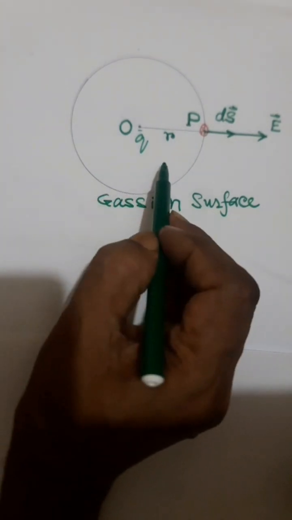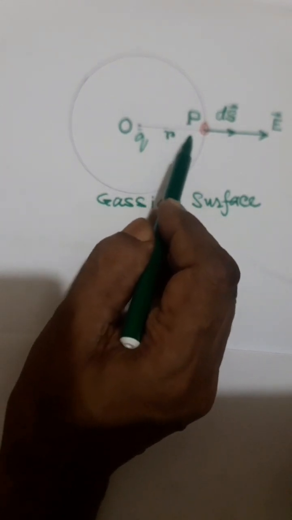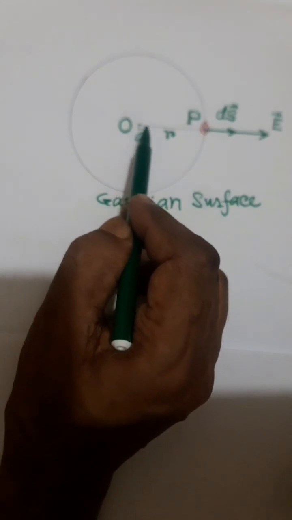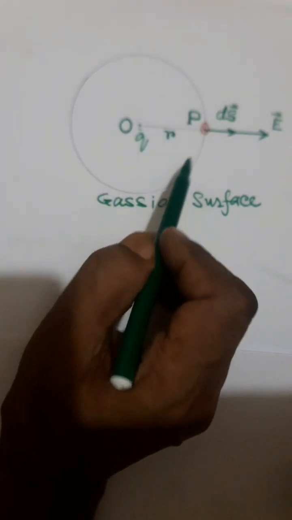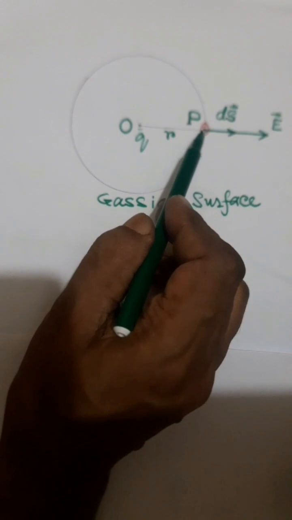We imagine a sphere of radius r with the center at O. This imaginary surface is called Gaussian surface. It includes P on it.